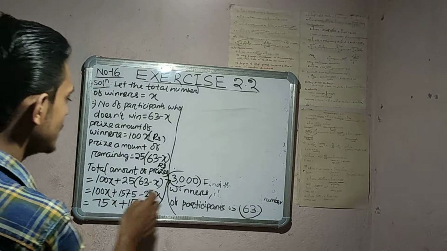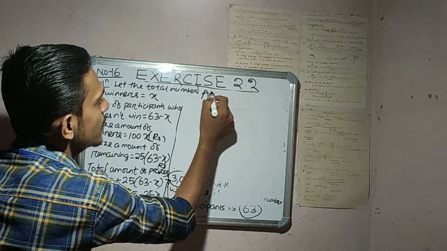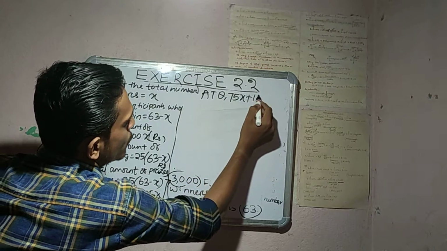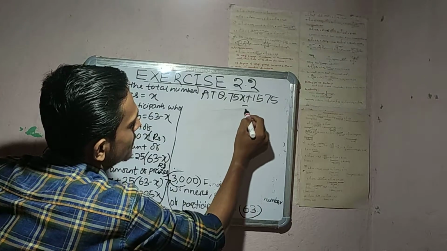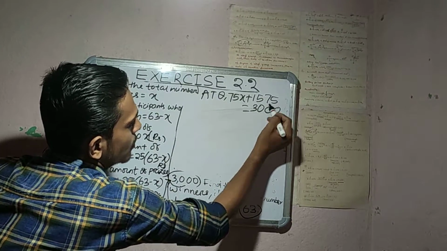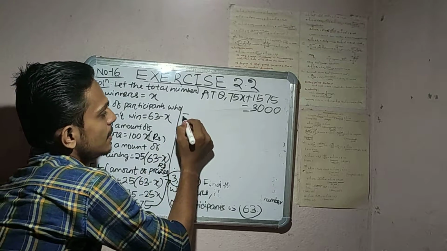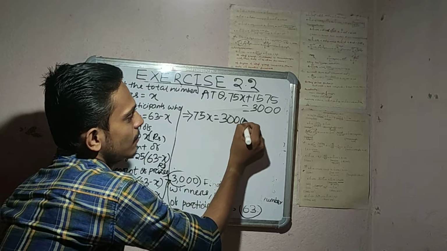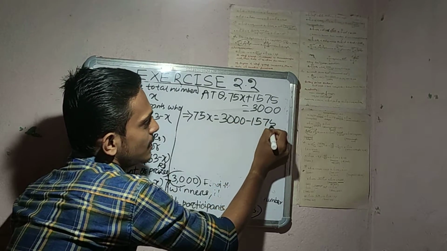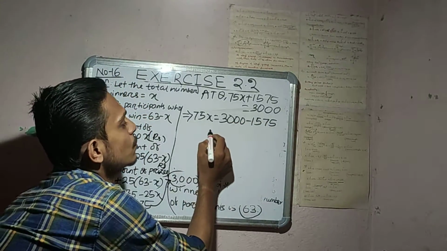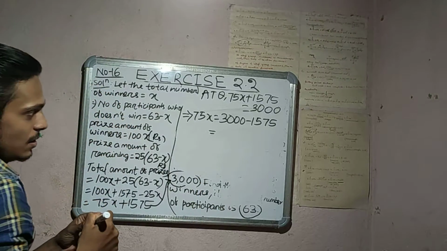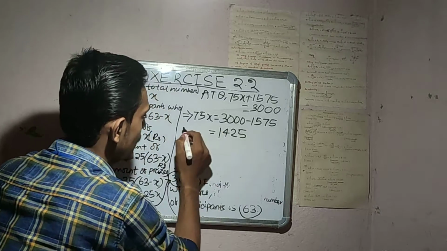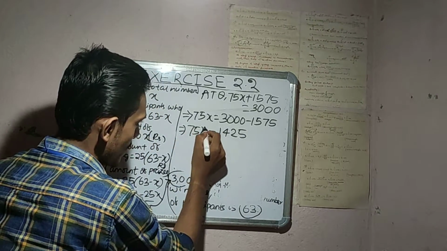According to the question, 75X plus 1575 is equal to 3000. So 75X is equal to 3000 minus 1575, that is 1425. That is the value of 75X.